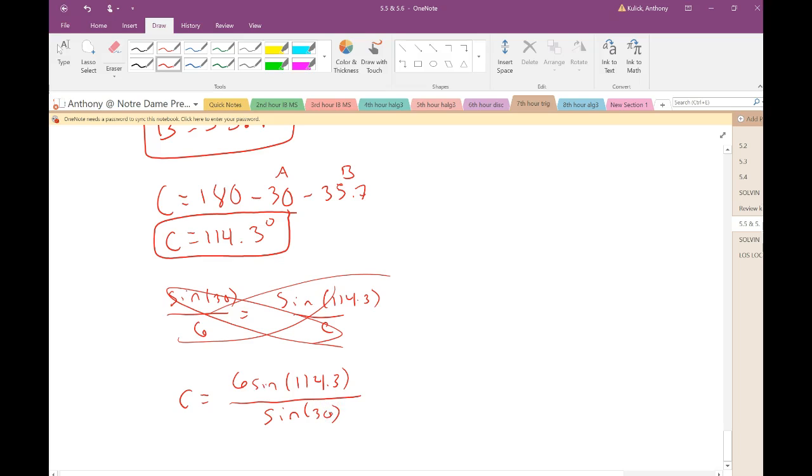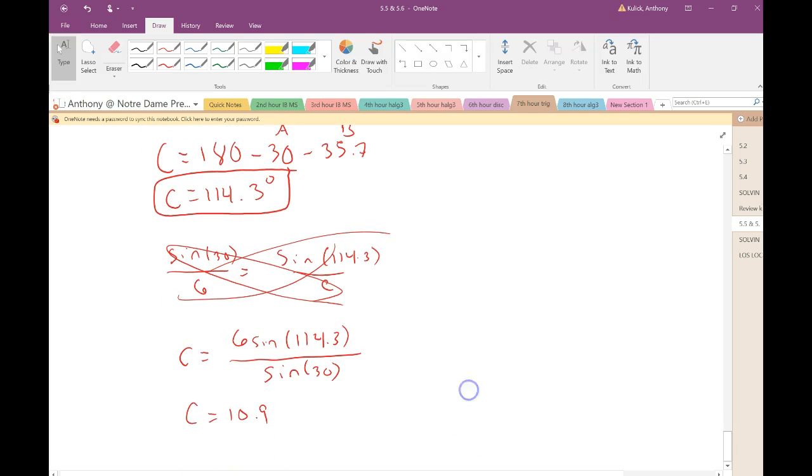So I just need to type that into my calculator. And I get about 10.9. Is everybody happy so far?